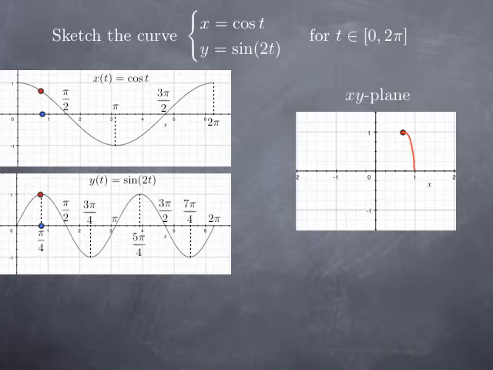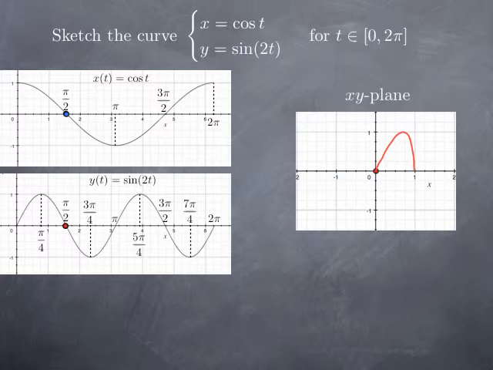Our point moved along as y increases and x decreases. Now if t continues to increase from pi over 4 to pi over 2, then you see that x continues to decrease all the way to 0, while y also decreases from its maximal value of 1 to the value 0. And so on the right hand side in the xy plane we have x and y both decreasing to 0.